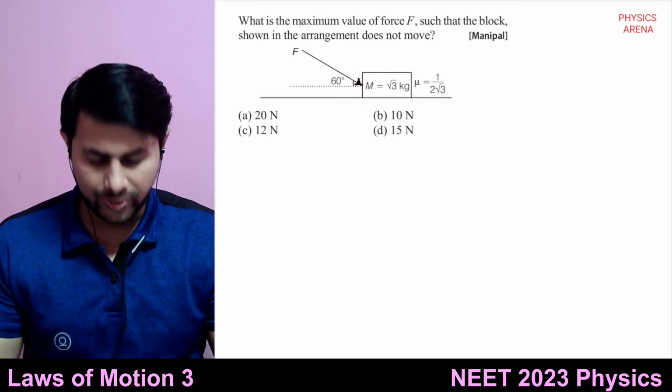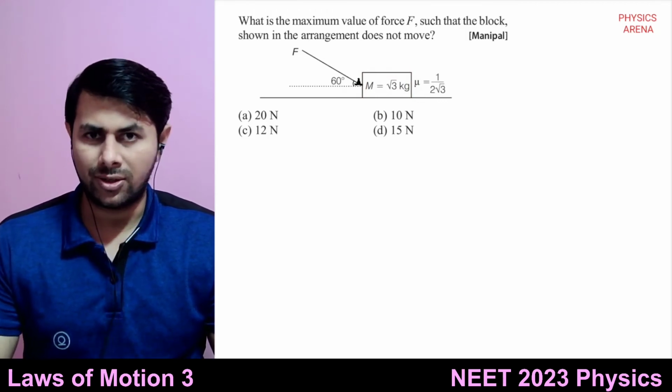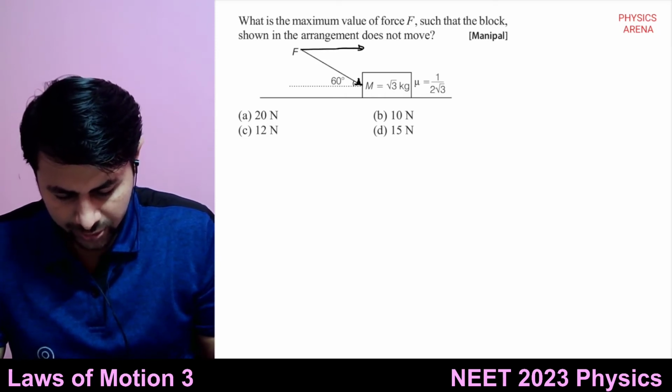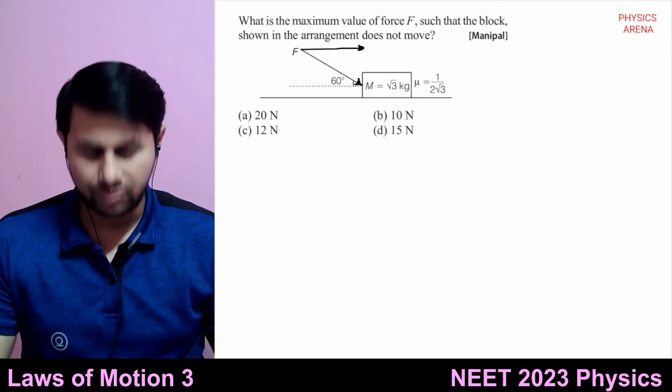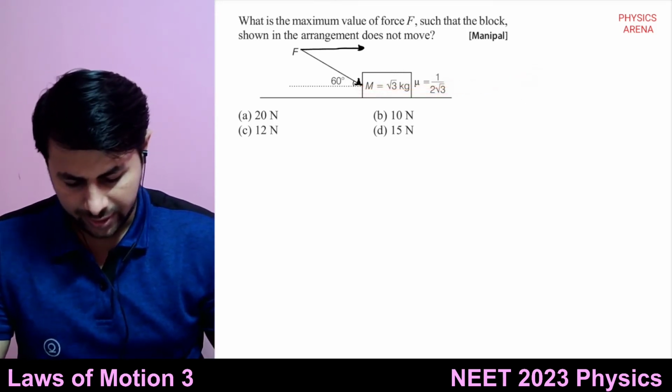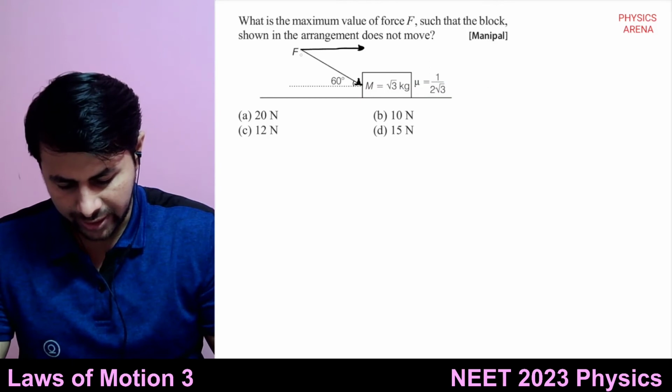So what will we do? We'll resolve the force into two components. One horizontal component, which will try to move the block in the horizontal direction towards right, and one vertical component.